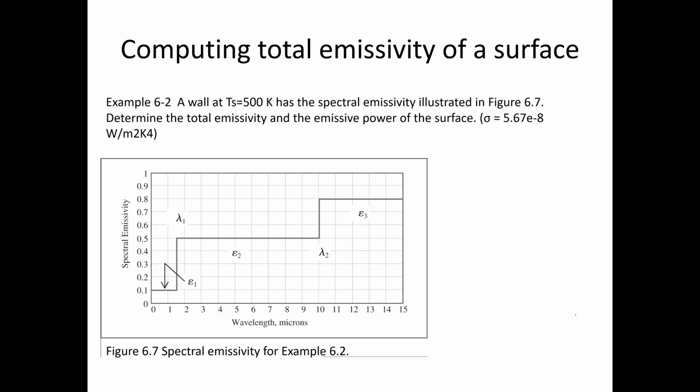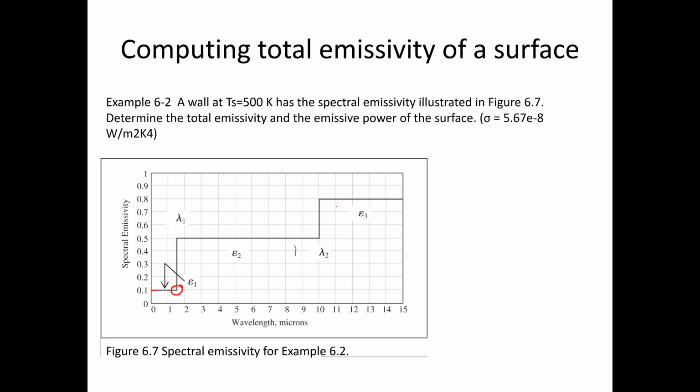For the first range of wavelength, between 0 and 1.5 microns, you have an emissivity of 0.1. From 1.5 microns to 10 microns, the emissivity is 0.5. And from 10 microns on, you have an emissivity of 0.8.